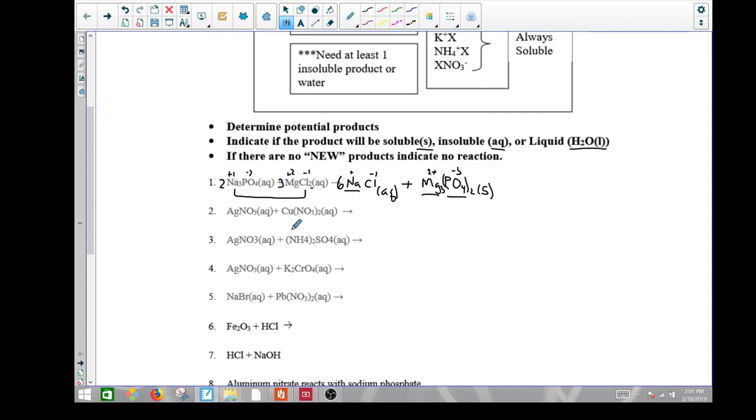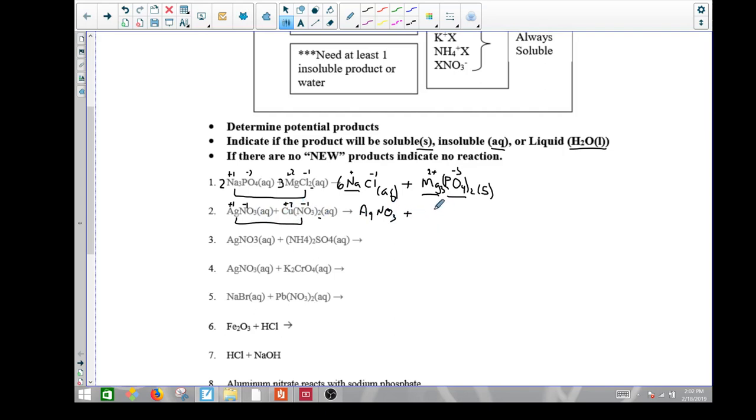Next one. I have plus 1 minus 1, plus 1 minus 1. Draw these out. This one with this one is going to be AgNO3, and I have CuNO3, and it's a plus 2, by the way, because that 2 is right there.